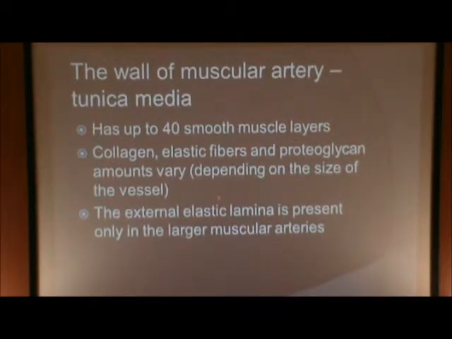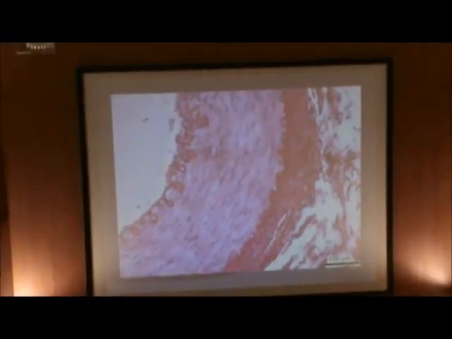And external elastic lamina is present in larger muscular arteries, but it is very well visible. It is prominent in larger muscular arteries.